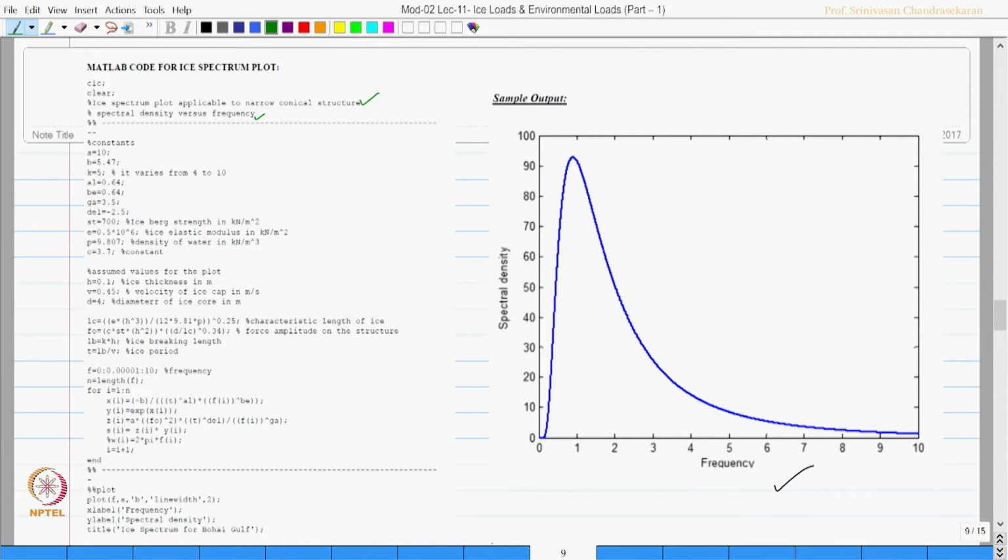The constants, as I said, are already given in the equation: A 10, B 5.47, and other constants are named as per the programming variables as alpha, beta, gamma and delta. So, now the plot is shown on the right hand side, whereas the coding required to plot the ice spectrum is given on the left hand side of the screen. So, you can use this coding directly to get the ice spectrum for Bohai Gulf as you see here.